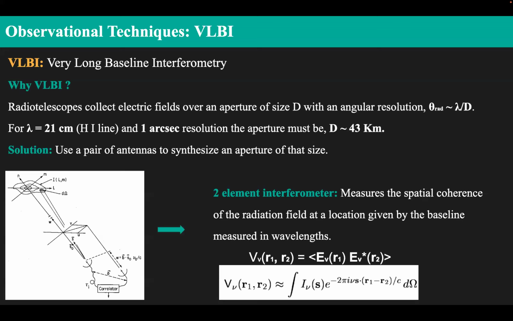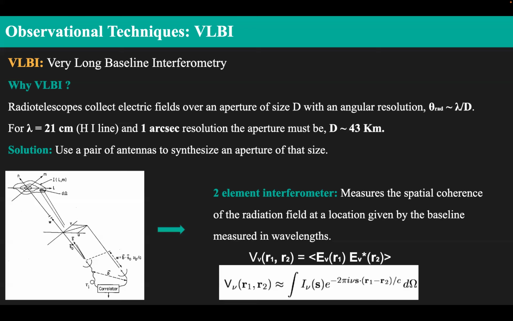Now, this is a function that we call the spatial coherence function, and using some math and some assumptions, we can show that this function can be calculated from this integral, where here we have the intensity from the sky and an exponential that shows us that this function depends on the separation vector of the two antennas and not on the absolute vectors of each antenna.